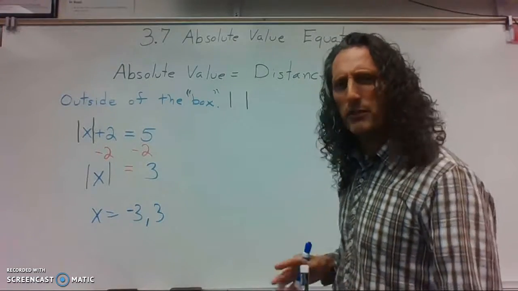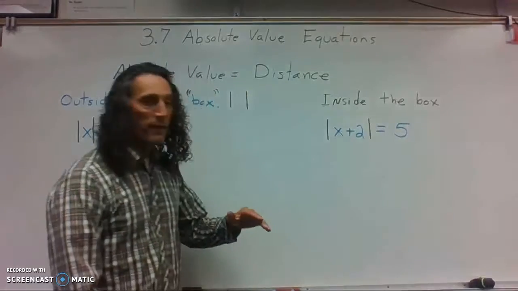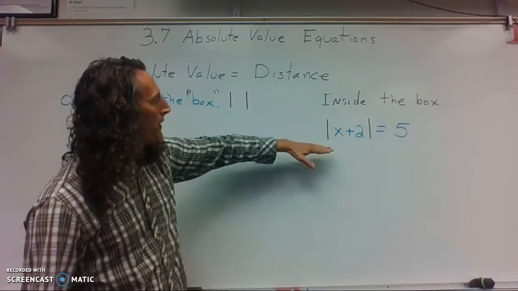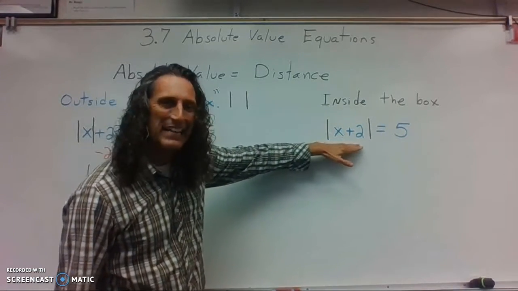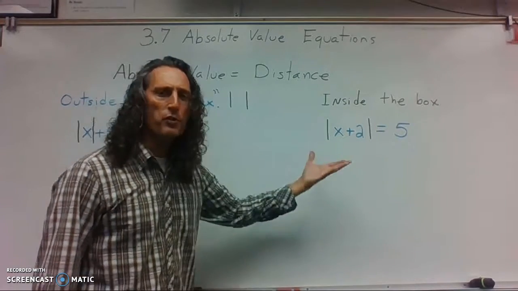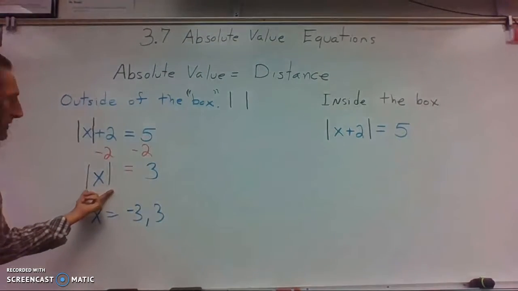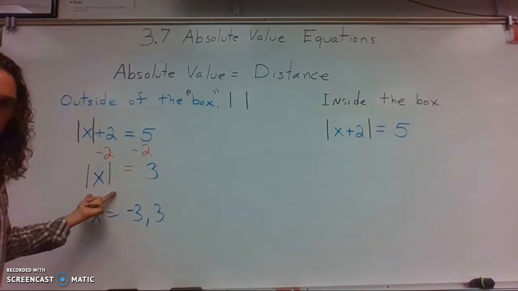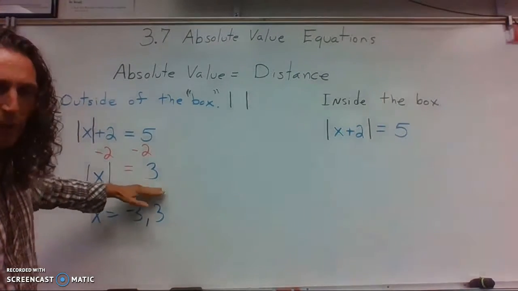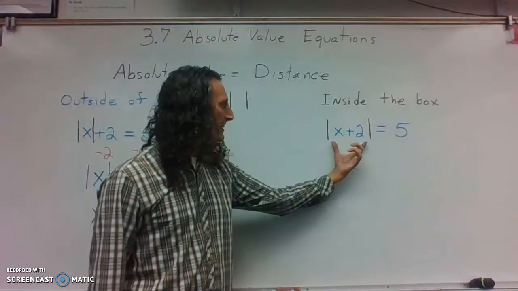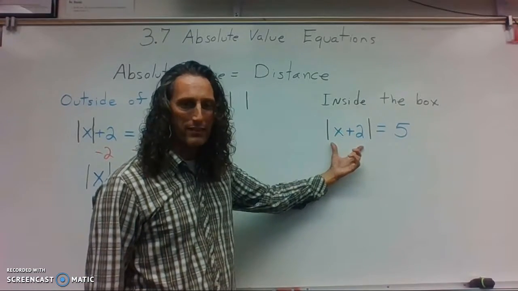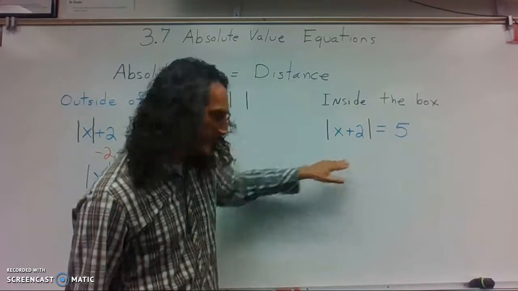Now, the second one's going to be done a little bit different. Because this time, we have something that's inside the box, right? And if you noticed, it's when the box is by itself that tells us what our distance is. Well, technically, even though there's something inside the box, this box is by itself.